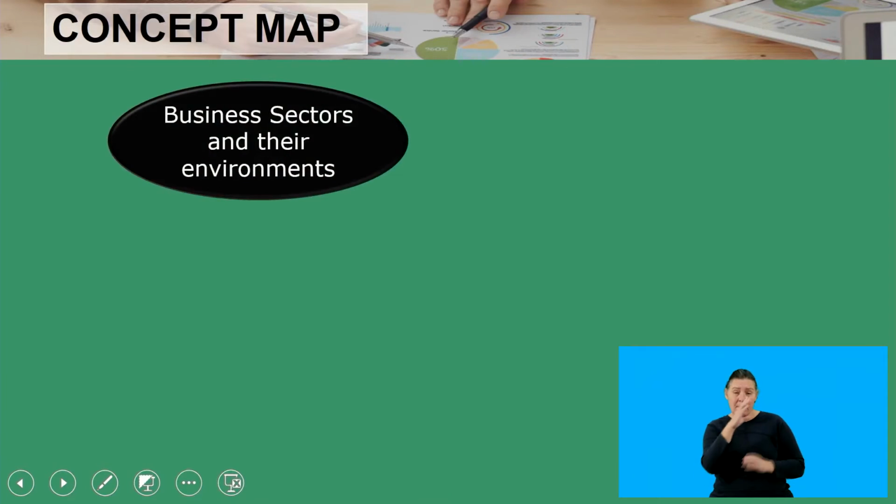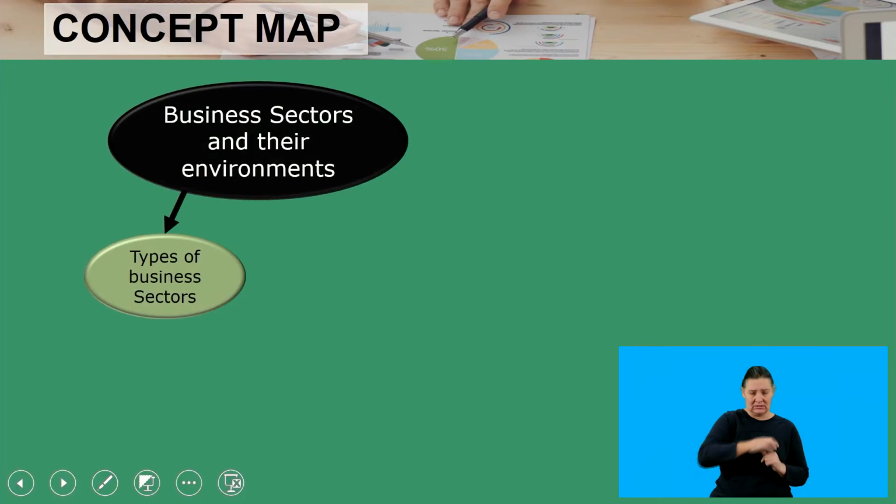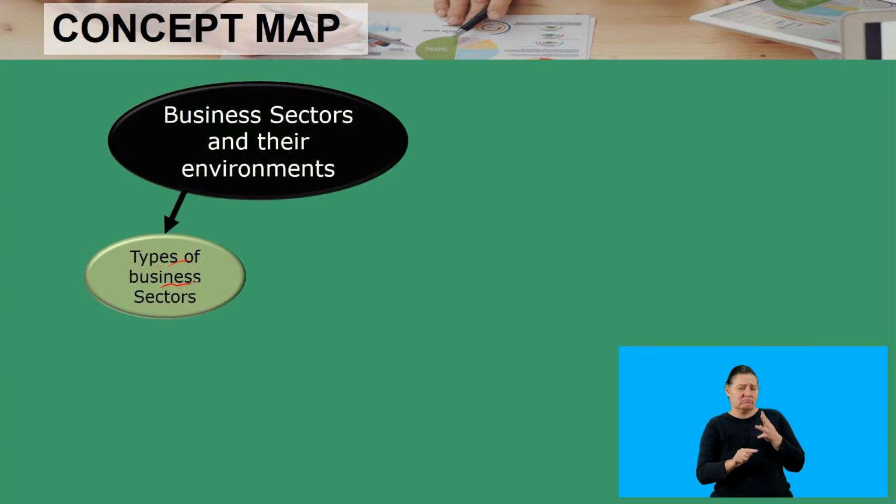Now, let us look into our concept map. The concept map will help us understand how our lesson will be structured. Remember, the focus of our lesson is business sectors and their environments. So we'll start by looking into the types of business sectors.